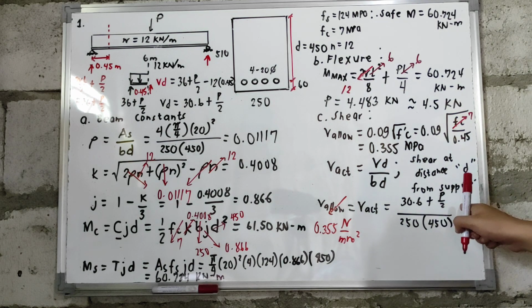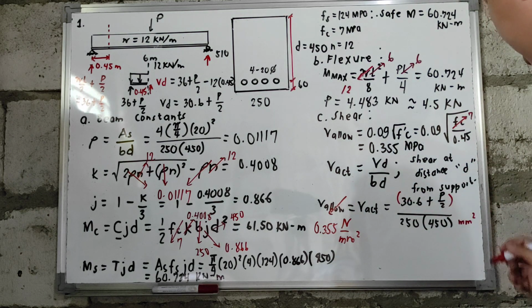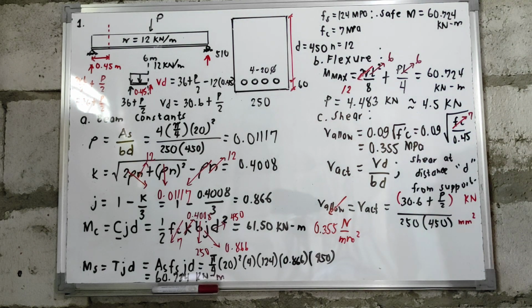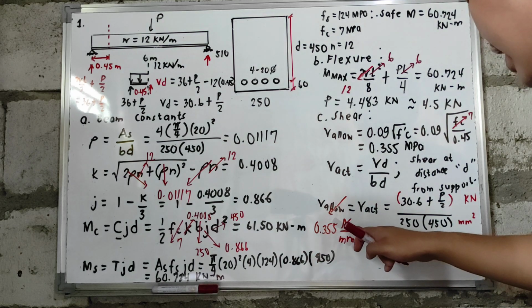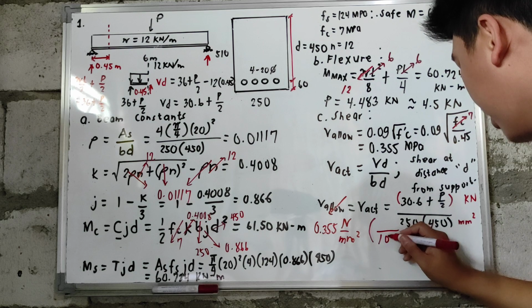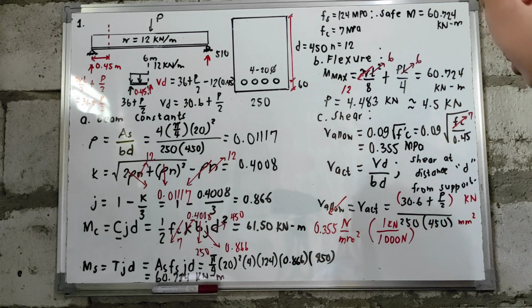How about the one above? Here, our unit is in kilonewton. So, to shift solve properly, we will convert this Newton into kilonewton. In every 1,000 Newton, we have 1 kilonewton.